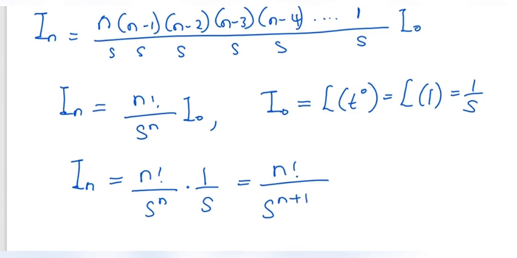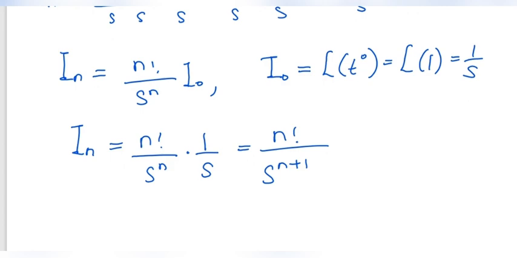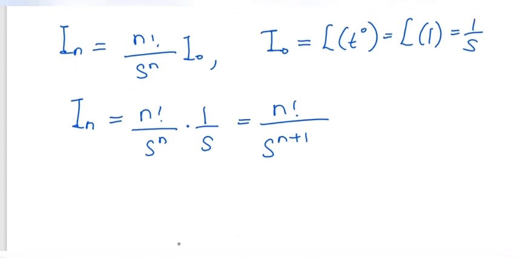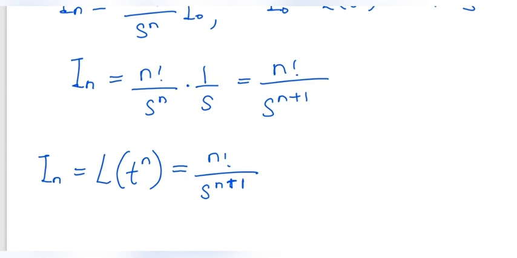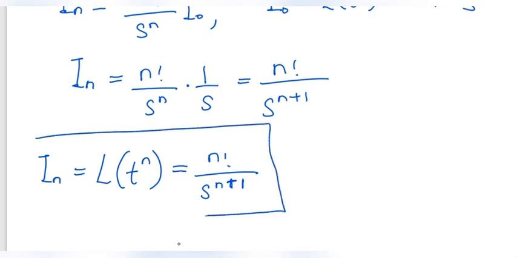And that proves our case. So this simply implies that our I_n, which is the Laplace transform of t to the n, is simply n factorial all over s to the power of n plus 1. And this is very, very important and very vital in solving your Laplace transforms.